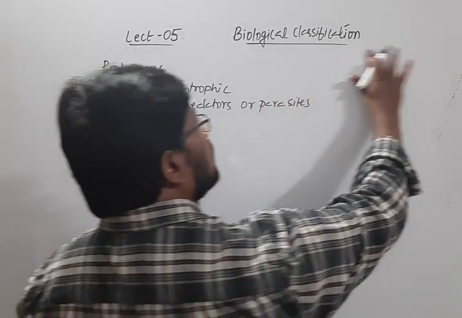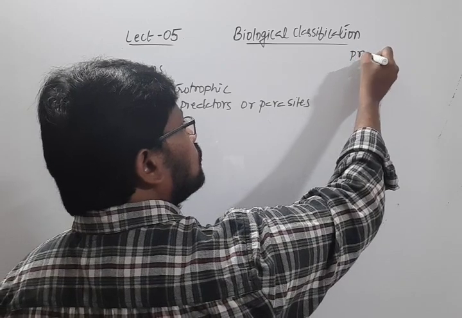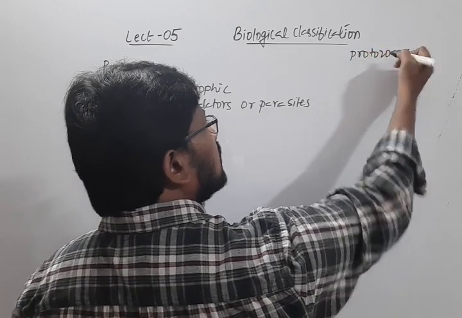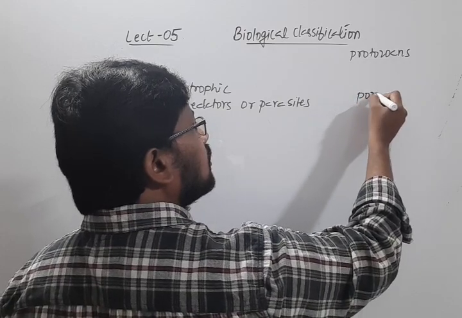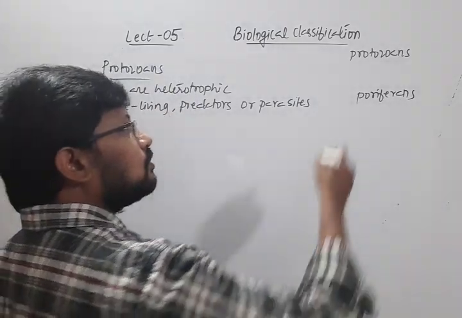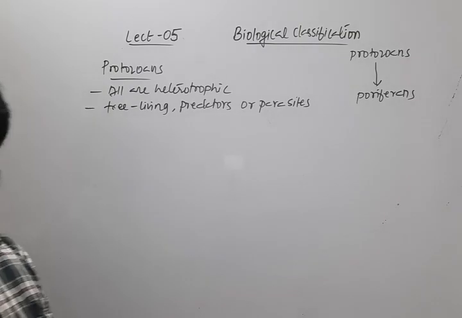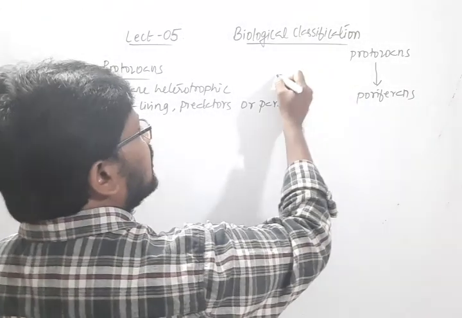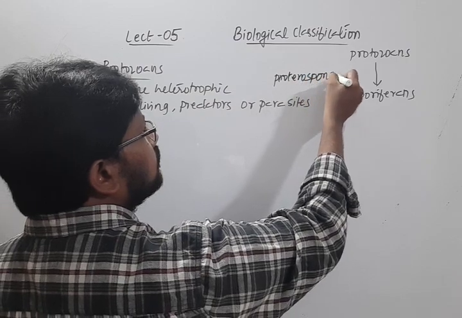Actually, there is a connecting link between protozoans and the first group of animals called poriferans. The protozoans have given rise to these poriferans in course of time, and the connecting link is Proterospongia.